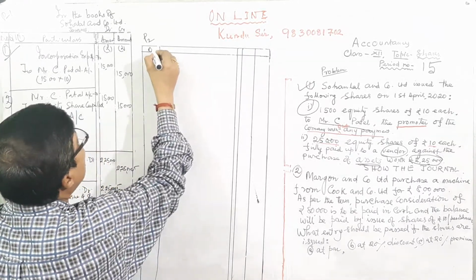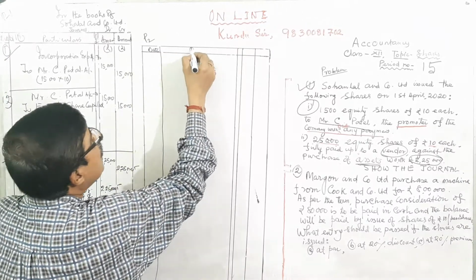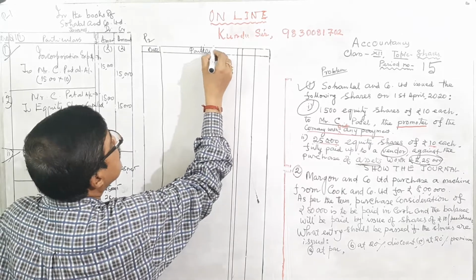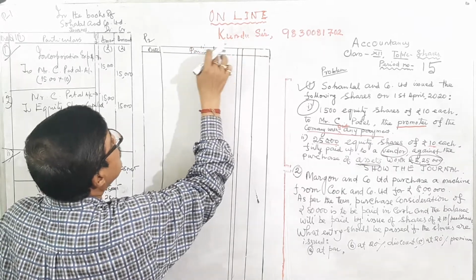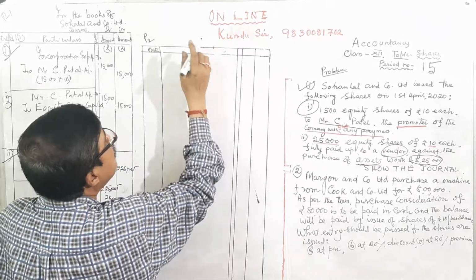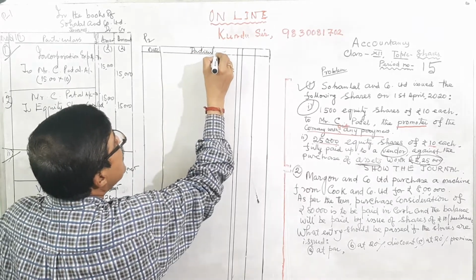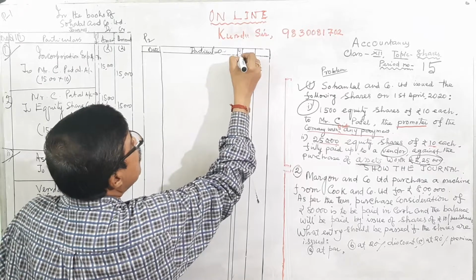Now it is date, it is particulars, it is ledger folio.